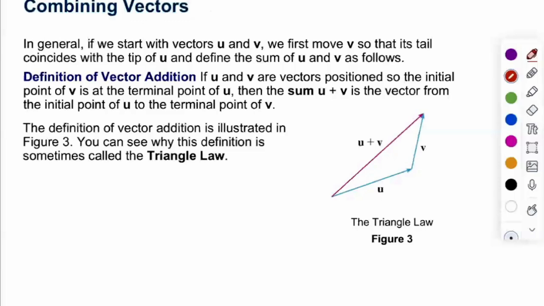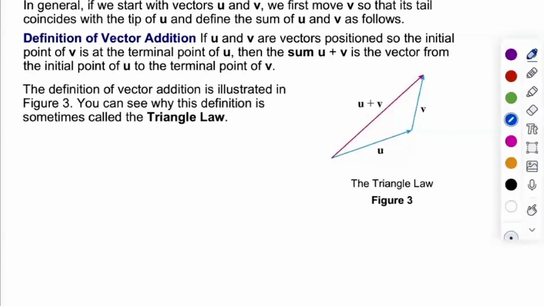Maybe one more time. Let me indicate that. You have from here the vector u. After that, you add another vector, v. Then the sum of these two starts from the start of u and points to the tip of v.